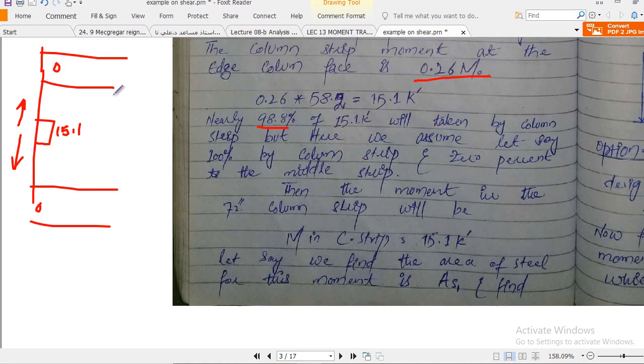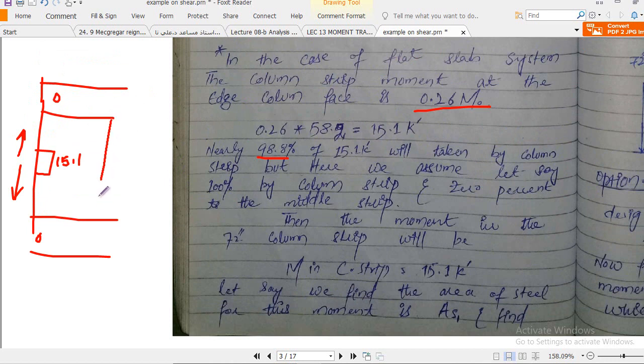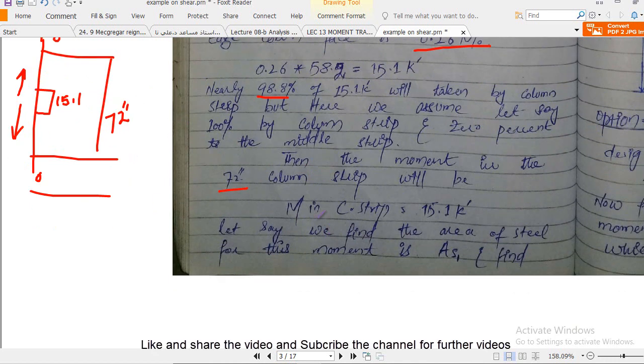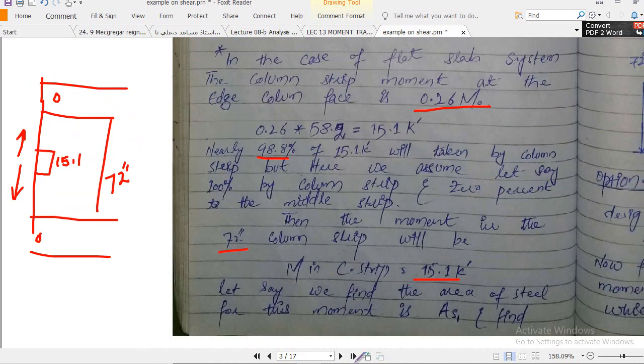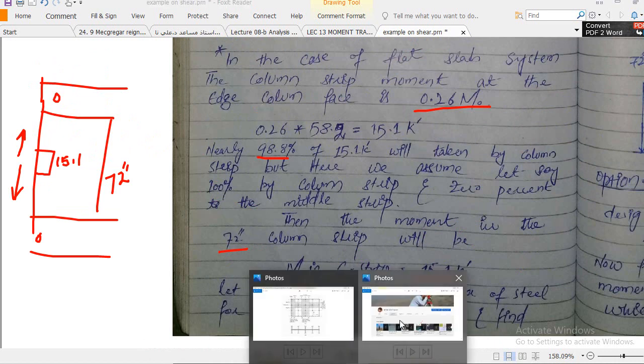Remember, in this case, the width of the column strip is 72 inch. We already discussed it right here. Now, in the column strip, the moment is this one. This is the total moment in the column strip. Let's say we find the area of steel for this moment, as you know the procedure if you watch these lectures.